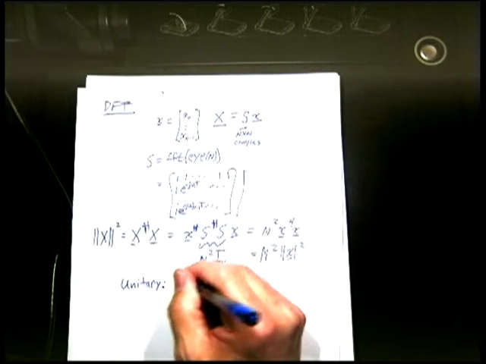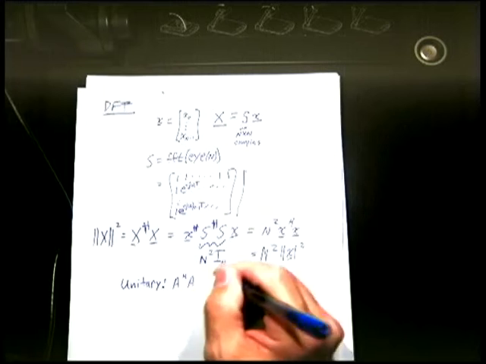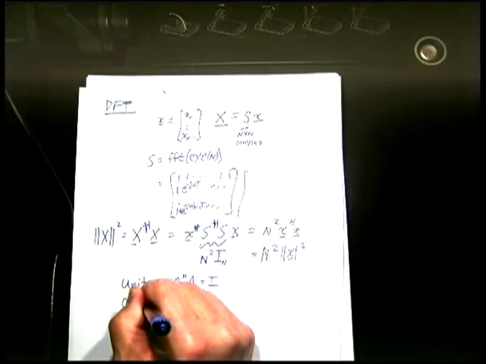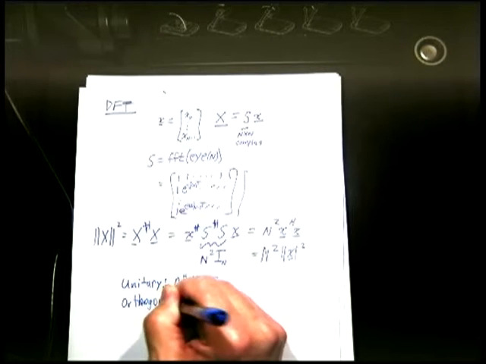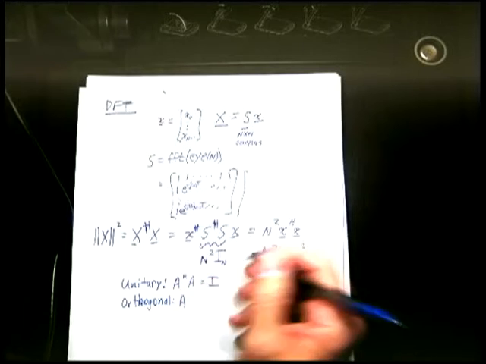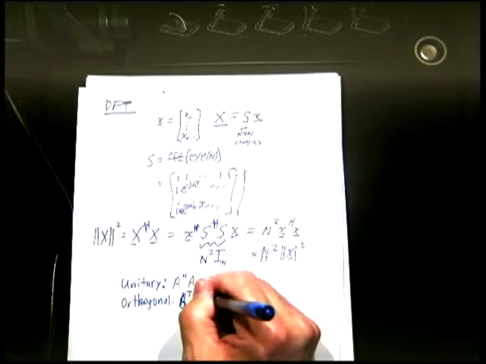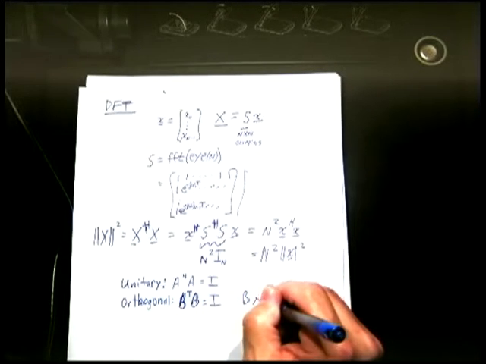Unitary is when the matrix A, Hermitian transpose times itself, is the identity, and orthogonal is for a real matrix: B transpose B is the identity, B real.